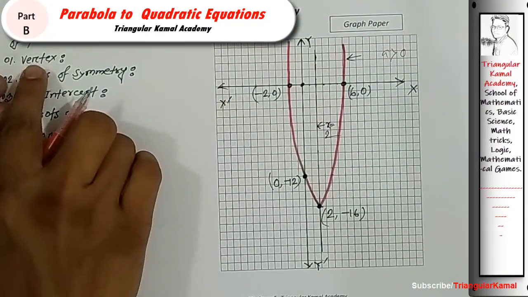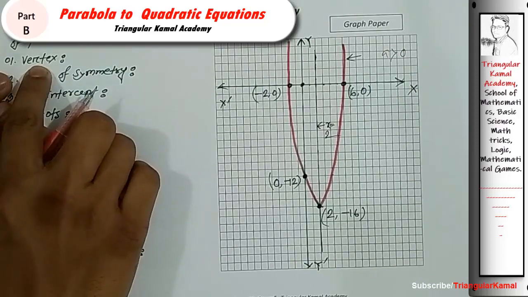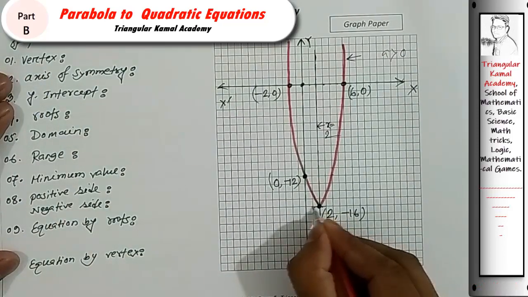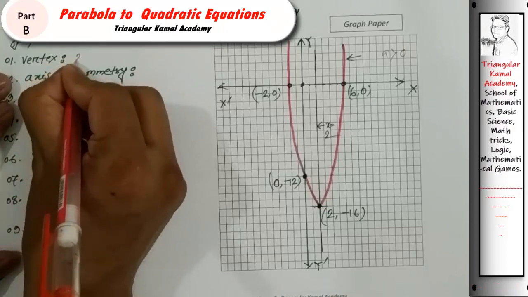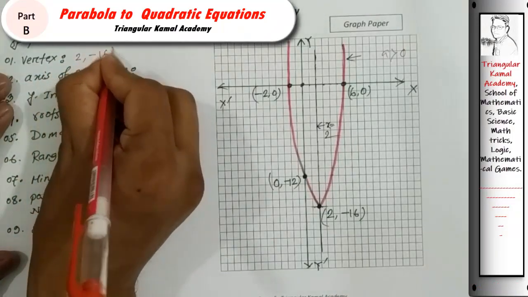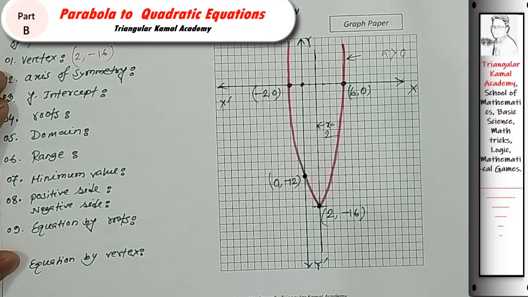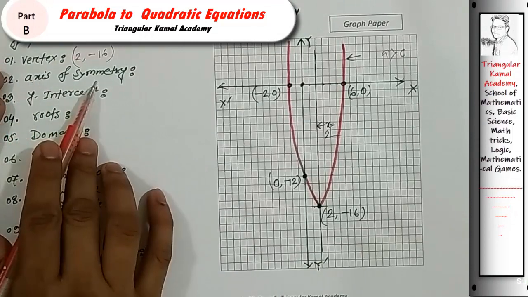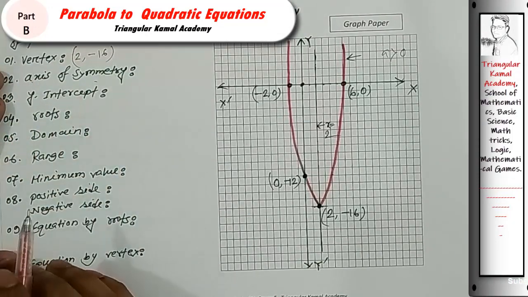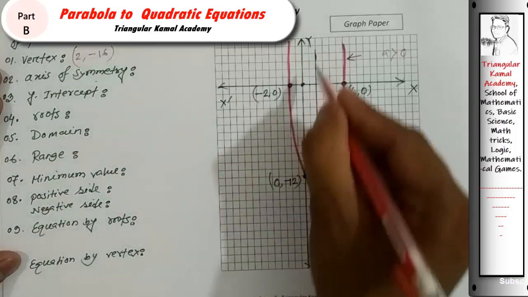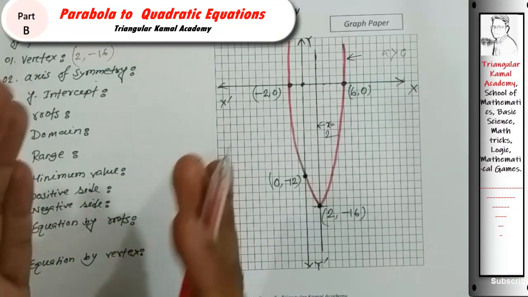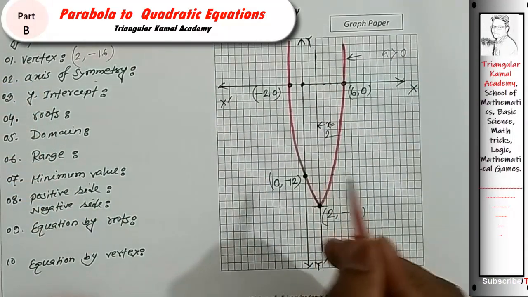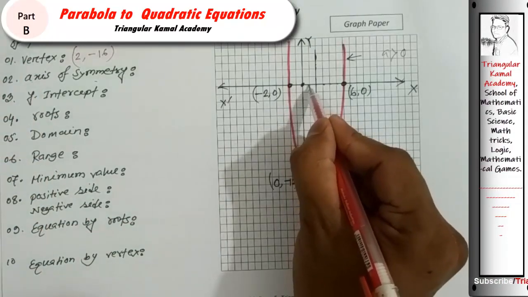So we see here the vertex of the equation of the parabola, that is the minimum point, that is 2 and minus 16. And the axis of symmetry means the line which bisects the parabola into two equal parts. So we see here 0, 1 and 2.